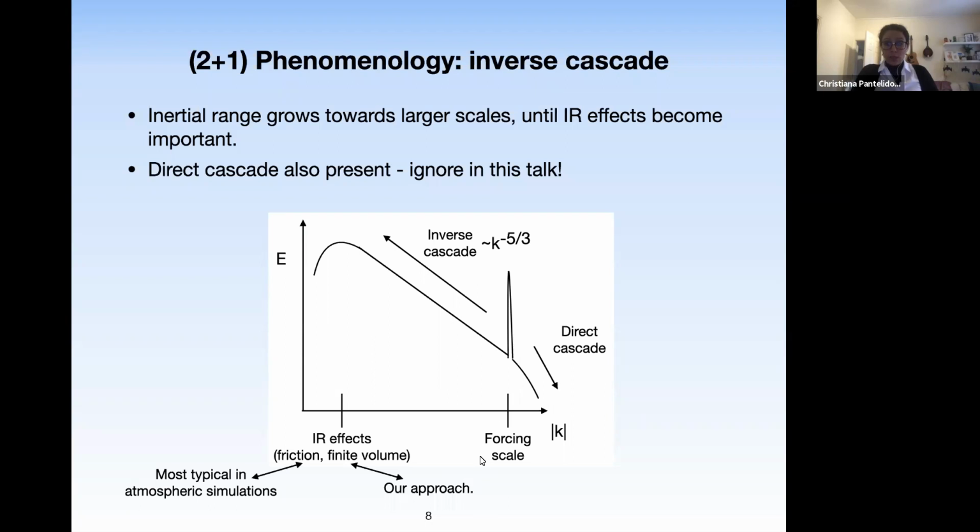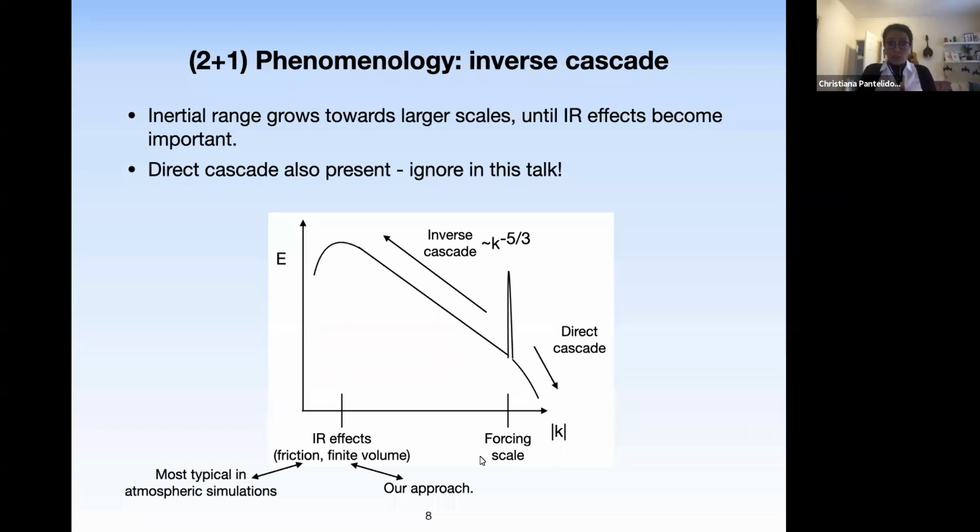We pick a scale, and at that scale, we keep introducing vortices continuously in our system. Now, because of the nature of the interactions in two spatial directions, these vortices, instead of breaking into smaller ones, as we saw earlier in 3+1 dimensions, will do the opposite. They'll come together to form bigger and bigger structures.